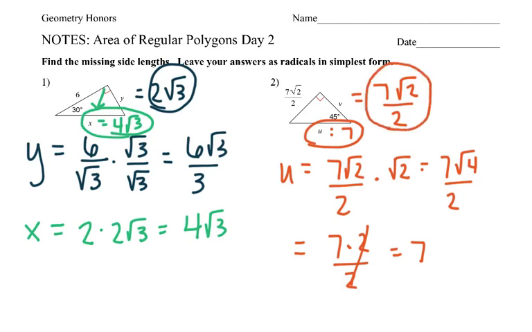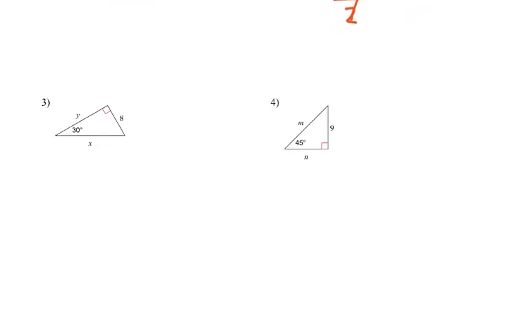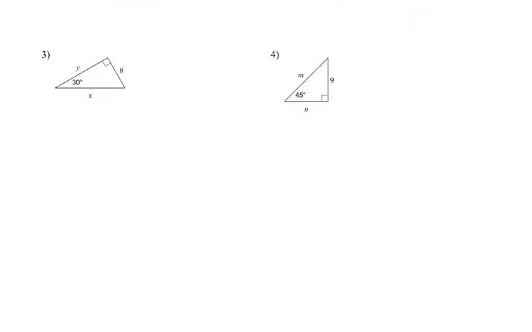All right, so go ahead and pause the video and try 3 and 4 real quick, and then I'm going to work through them real quick right here in the video rather than put a separate document up. So in this case, we've got the short leg. So y is equal to the short leg times root 3.